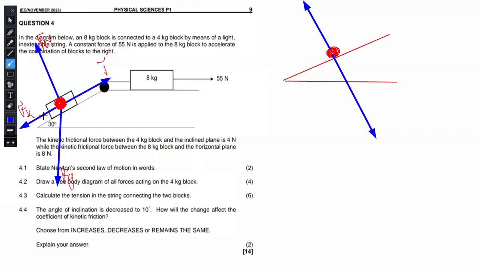We have our Fg parallel, Fg perpendicular, and then Fn. This will be Fg parallel, and then this will be our kinetic frictional force, and then this will be our tension.